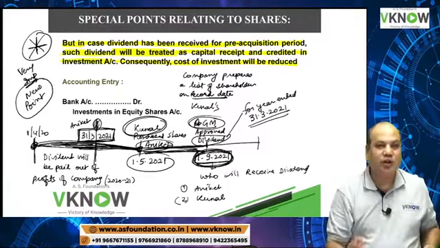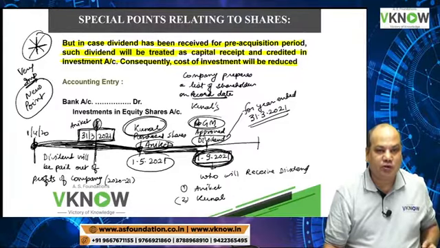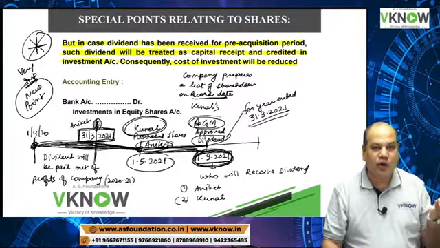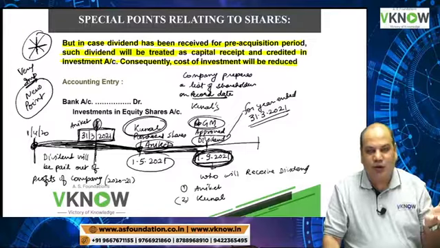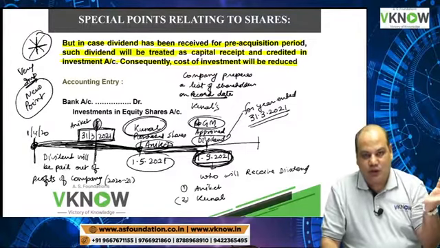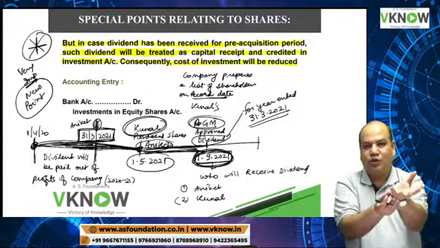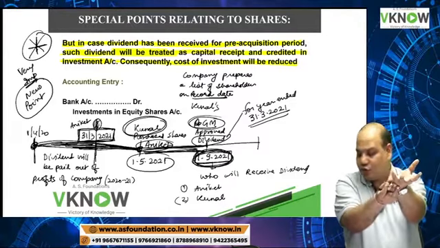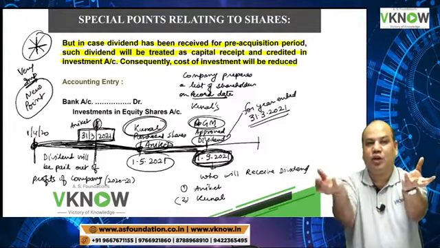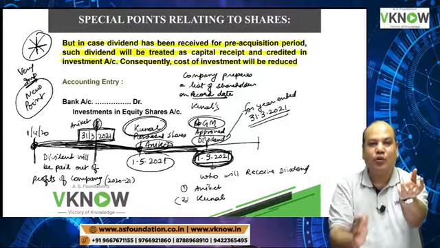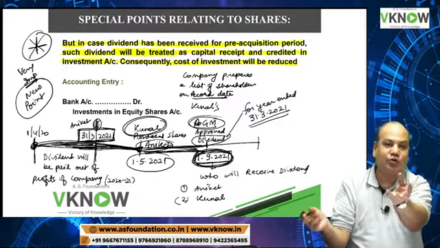Then you will say Aniket will suffer a loss. You are right. But normally, if the company is going to declare a dividend, the market price of the share is already high. So of course Aniket has already recovered the value of the dividend while selling shares to Kunal.